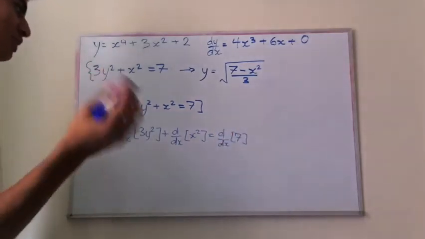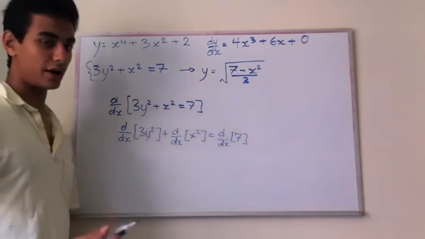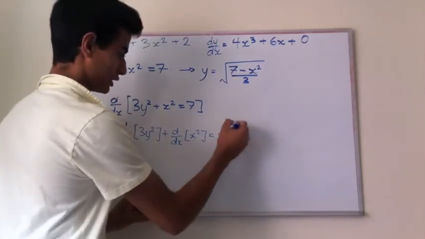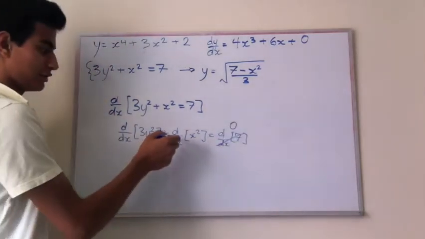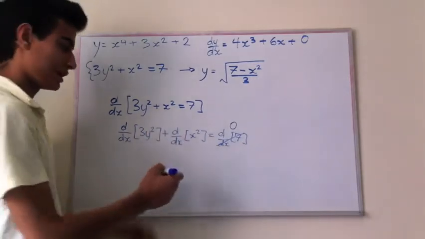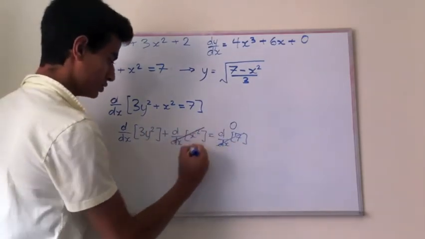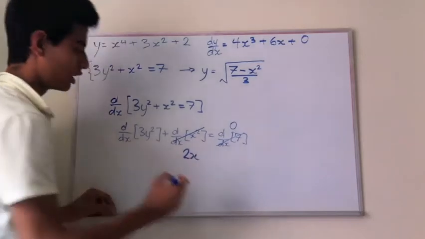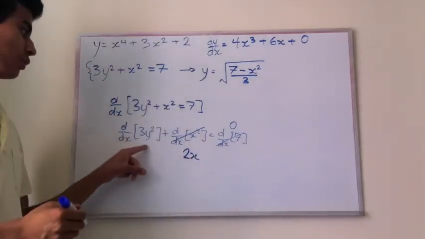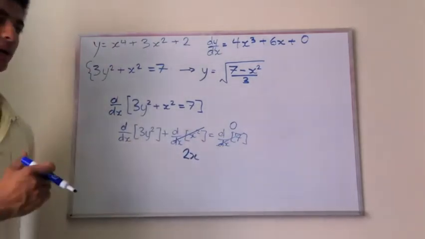So we can do two things right off the bat here. The derivative of any constant is 0, so we can just write that in. And the derivative of x squared with respect to x is simply 2x. But the hard part now is differentiating 3y squared with respect to x.